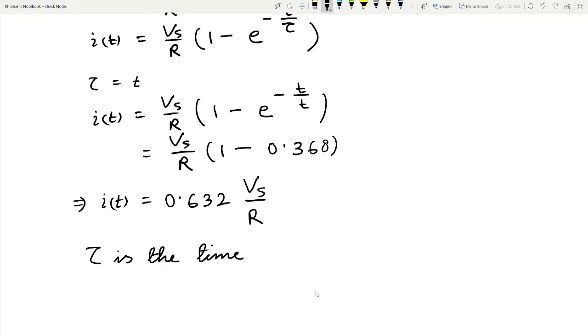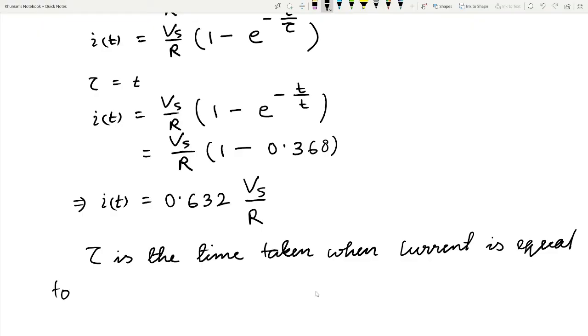Okay, so tau is the time taken when the current is equal to 63.2% of the maximum value.